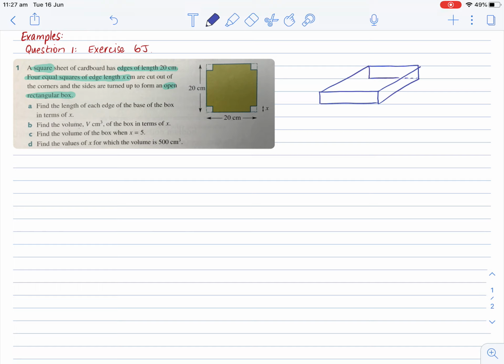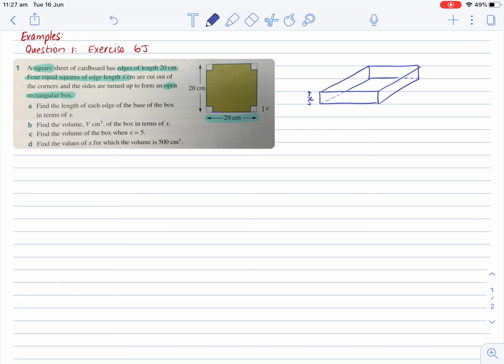Really simple. And I can sort of visualize what's going on here. Now the other thing I know is, this side length here, the height of my box when I fold up those sides, is going to be x. And then the whole length of the square cardboard was 20 centimetres.